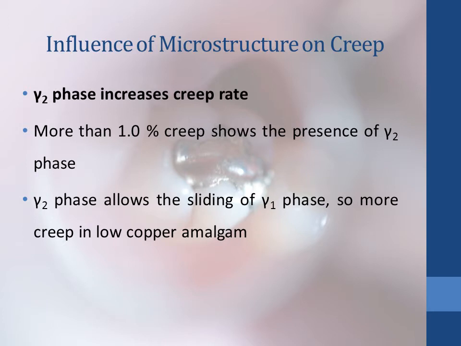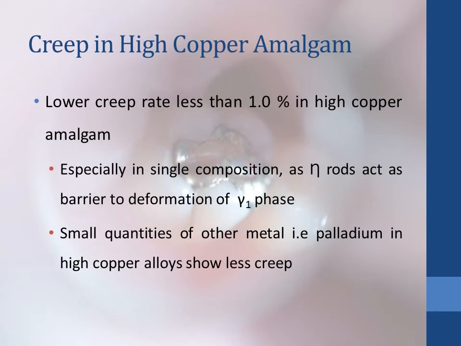So that is why we should use the high copper amalgam, so that the gamma 2 phase is totally eliminated and there is less chance. The creep in high copper is less than 1%, and especially in single composition, as the large eta rods act as a barrier to deformation of the gamma 1 phase, and small quantities of other metals like palladium also have shown to decrease the creep, and they are present in the high copper alloys.